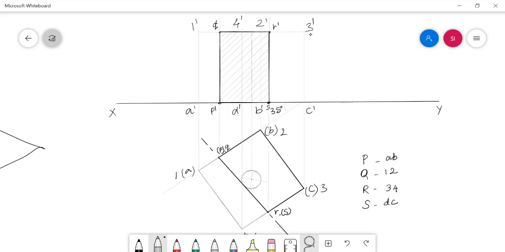Now we need to highlight the retained portion in the front view also. See here, by considering the removed portion and retained portion from the top view, in the front view also we can easily decide that this portion is the removed portion and that portion is the retained portion. So highlight the edges in the retained portion with HB pencil.